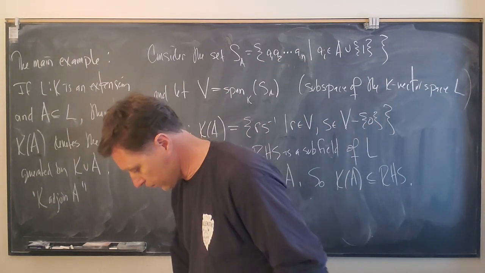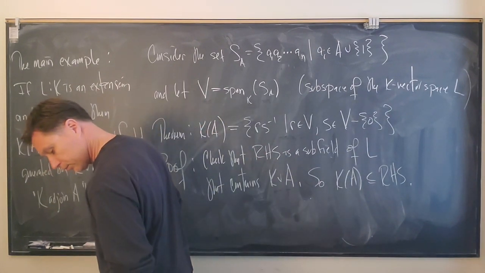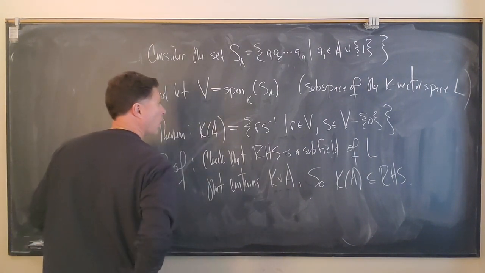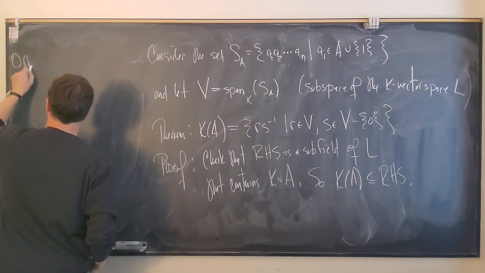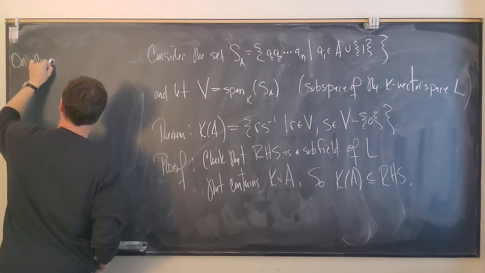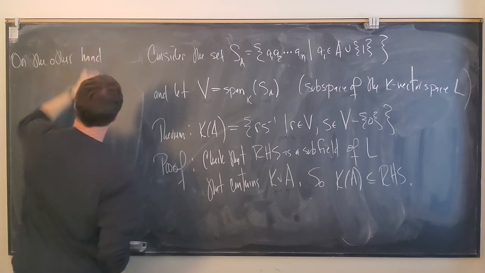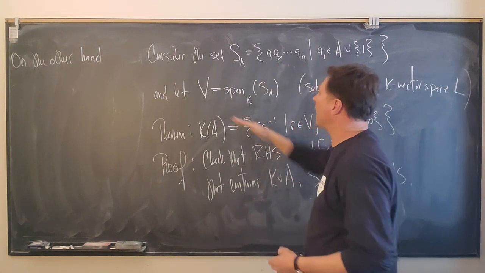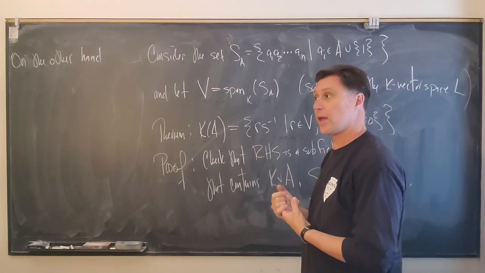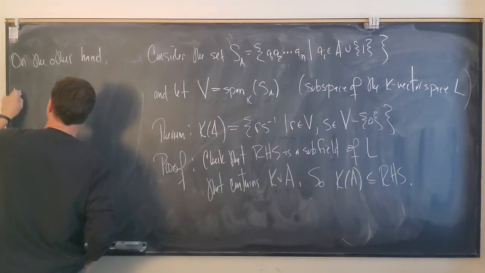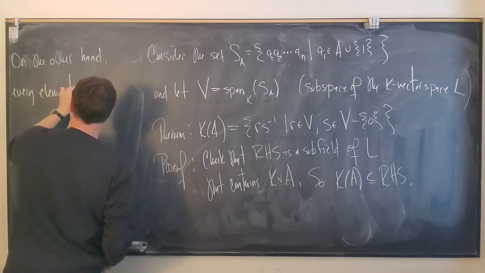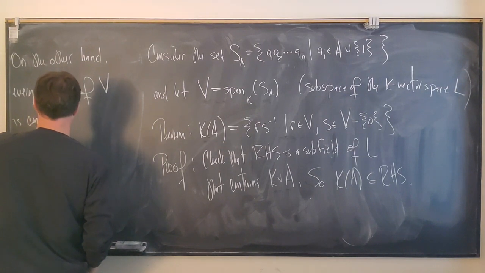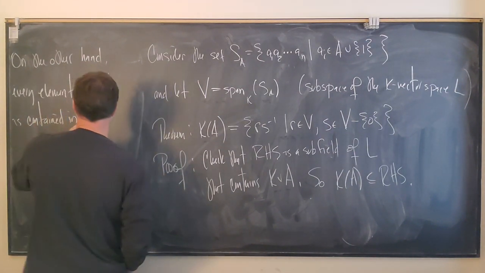Now I need to show the other inclusion. On the other hand, every element of V lives in K adjoin A. So it is contained in K adjoin A. Fine.